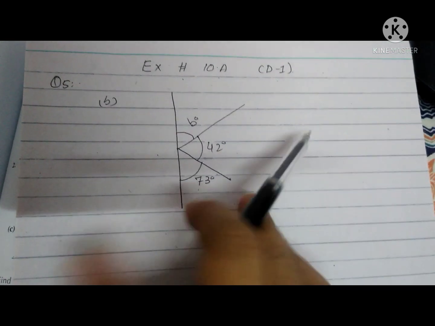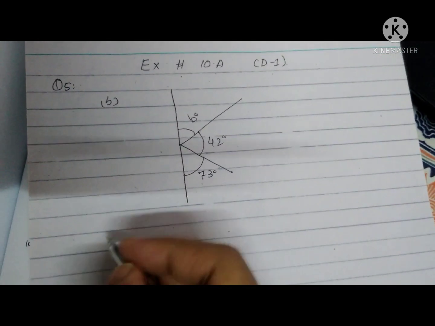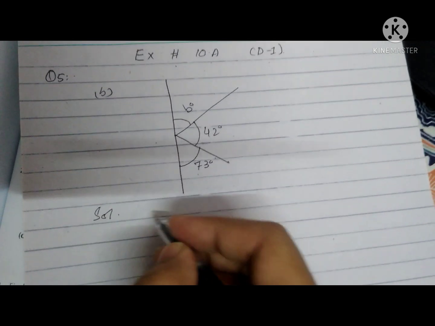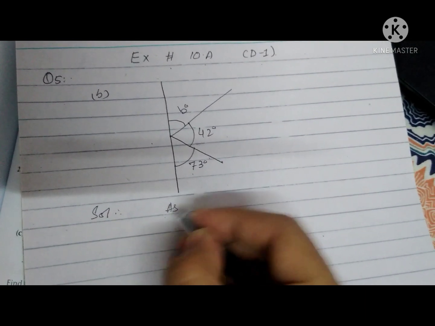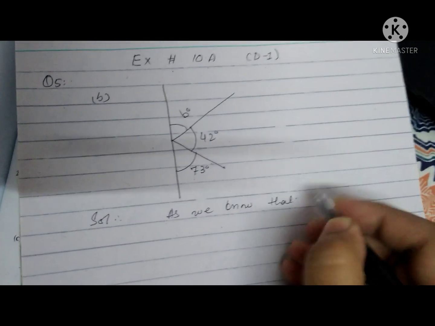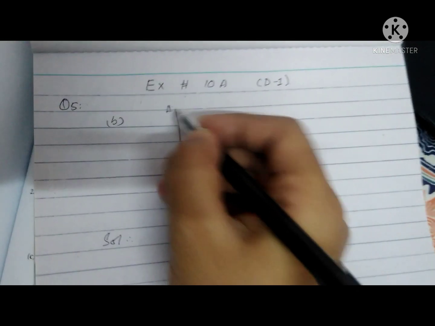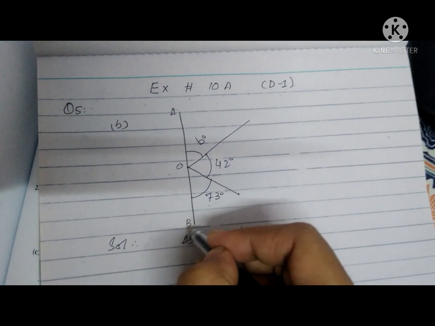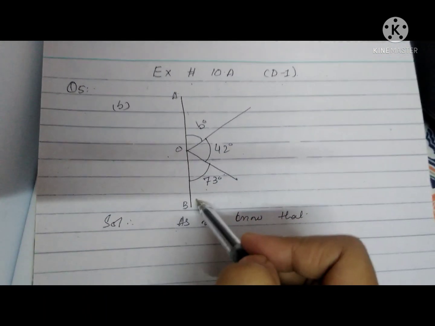I have drawn this on my sheet, and we have to make the equation for this. For this solution we can say, as we know, that this is a straight line AOB. So AOB is a straight line.